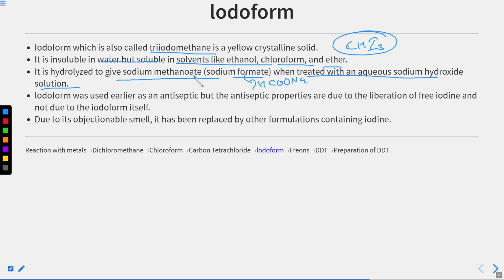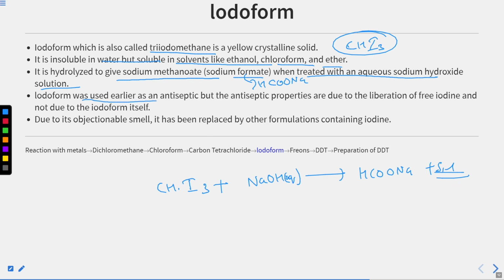So when CHI3 is treated with aqueous sodium hydroxide, it is hydrolyzed, and we get HCOONa and some side products.